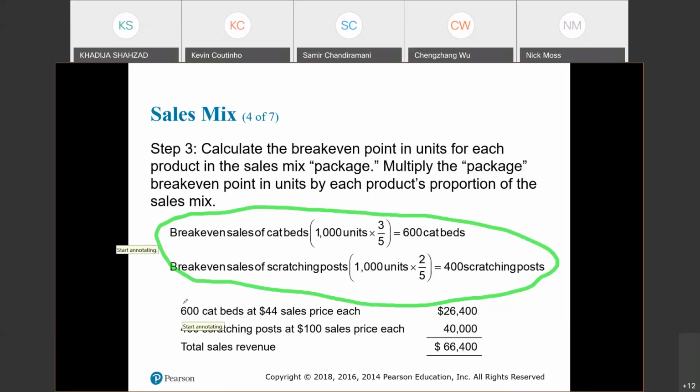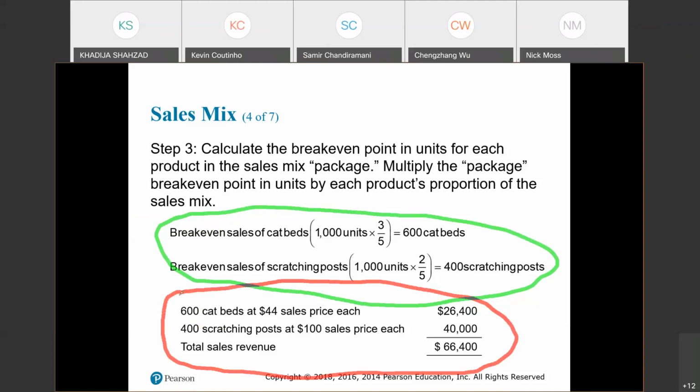If you want to express the break-even point in terms of dollar amount, we continue multiplying the units of each different item by the selling price of each different item, where the cat bed is sold for $44 and the scratching post is sold for $100.